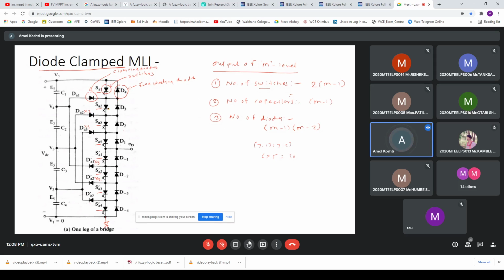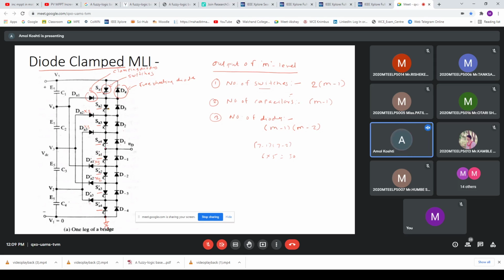Here first all the switches are connected in series: SA1, SA2, SA3, SA4. These switches help us to produce the pulses on the positive side, whereas SA1 dash, SA2 dash, SA3 dash, SA4 dash help to produce the pulses on the negative side of the output.